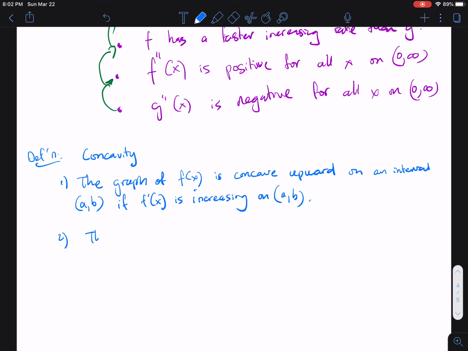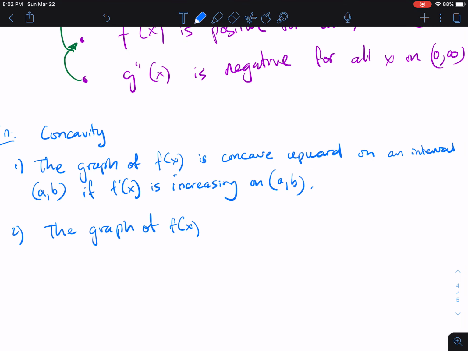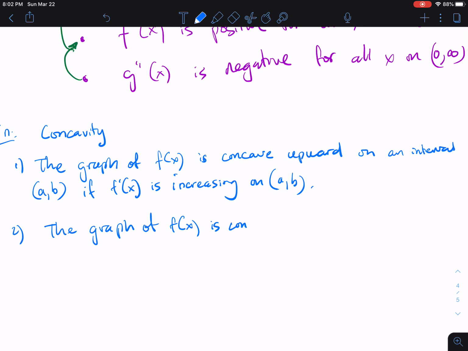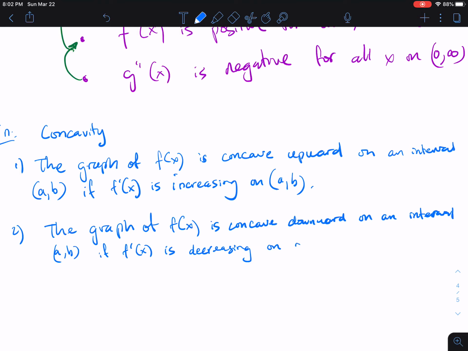Suppose, what does it mean for a function to be concave downward? We say that the graph of f of x is concave downward on an interval AB if the derivative function is, instead of increasing, decreasing on an interval AB.